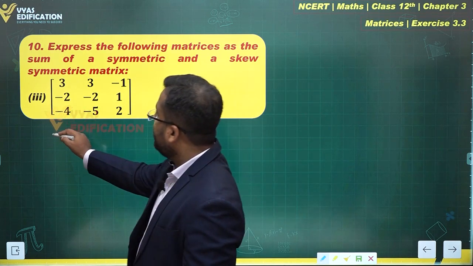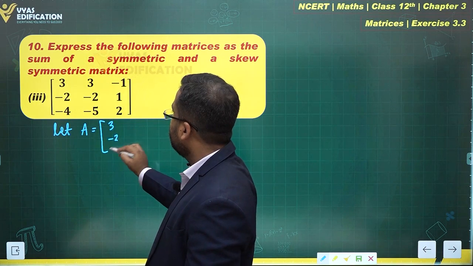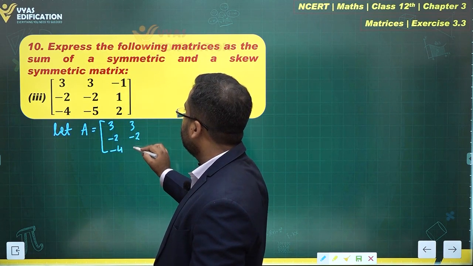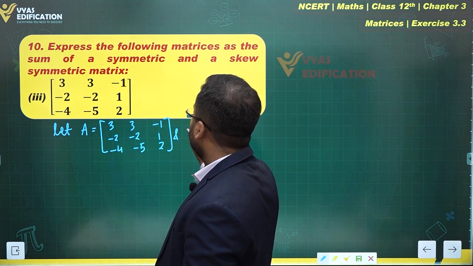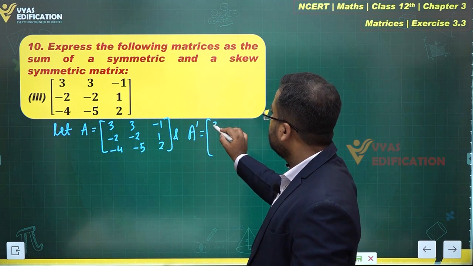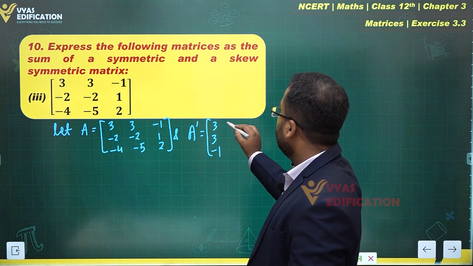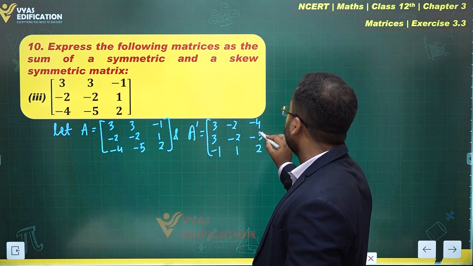So let A equal this matrix: 3, minus 2, minus 4, 3, minus 2, minus 5, minus 1, 1, 2. And A transpose would be equal to what? This is 3, 3, minus 1, minus 2, 1, minus 4, minus 5, 2.